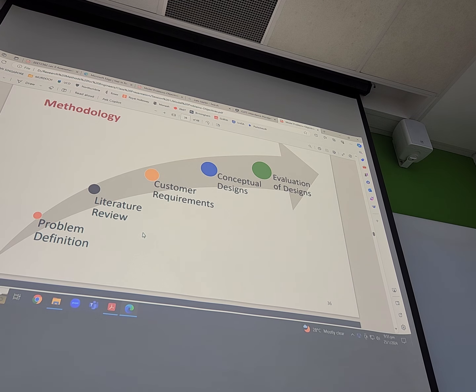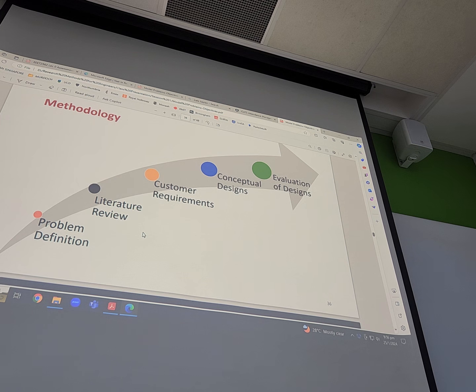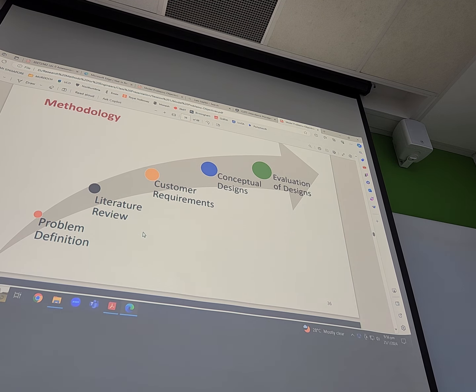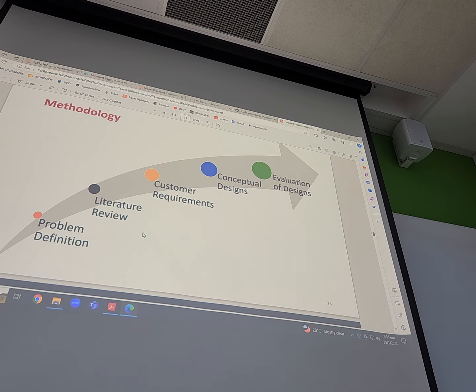Then based on the requirements, we conceptualize and come out with designs. That is where you use your engineering knowledge. These designs are basically drawings initially. Then we evaluate those designs. Normally I said that you need to come out with 3 designs. Among the 3 designs, we choose the best design, and for the best design, we come out with a complete engineering drawing.